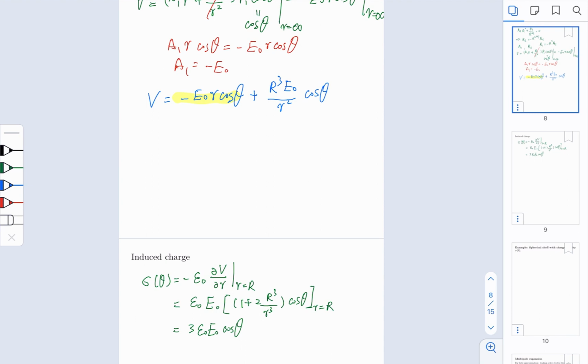And so my question is, here for this V, shall we use the total V, or shall we use the V here that's subtracting this background electric field? Let's denote this as V2 and this as V1. Shall we use V total that's equal to V2 plus V1? Or shall we plug in this V2 when you are calculating the induced charge?